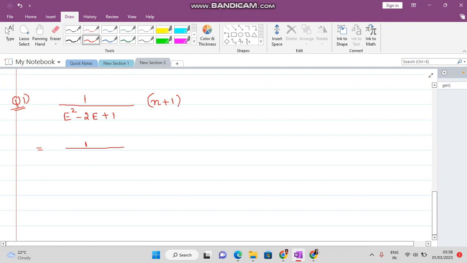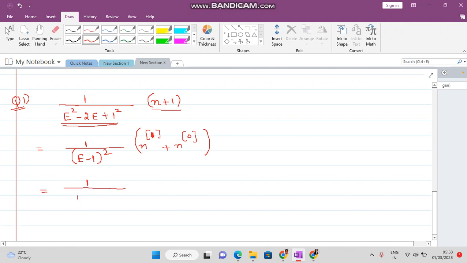But wait for a second. You see that this denominator can be expressed as E minus 1 whole square, because this is the identity. And you change n plus 1 to factorial polynomial, which is n raised to the power 1 plus n raised to the power 0.